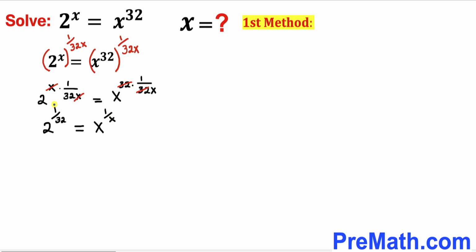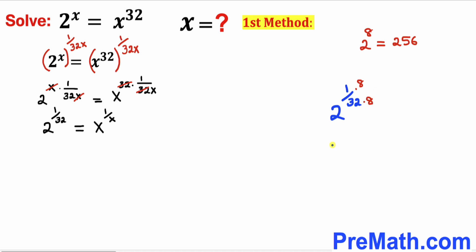And now let's focus on this left hand side, 2 power 1 divided by 32. And here I have copied it down. And now let's make an observation. We know that 2 power 8 equals 256. So therefore, I am going to multiply the numerator and the denominator by 8 at the very same time.